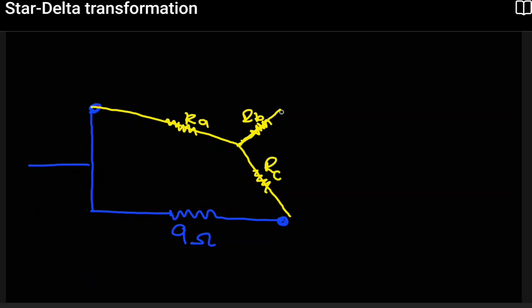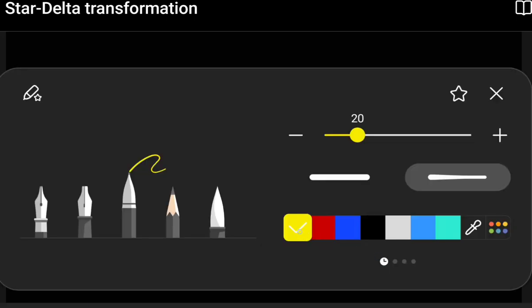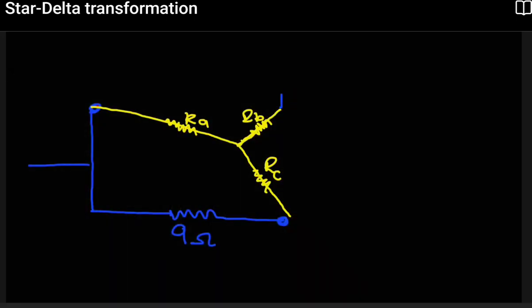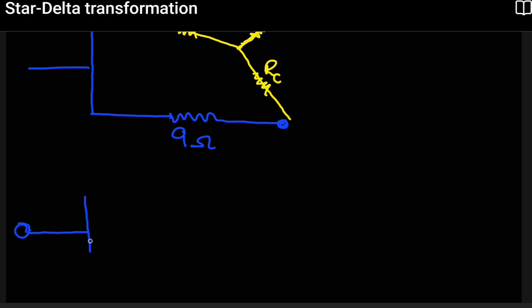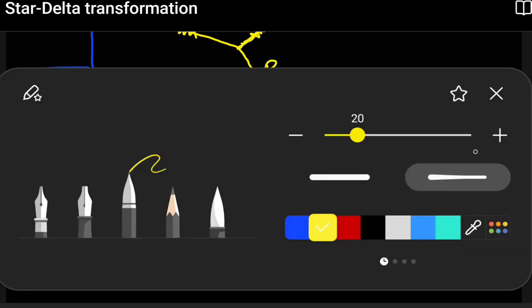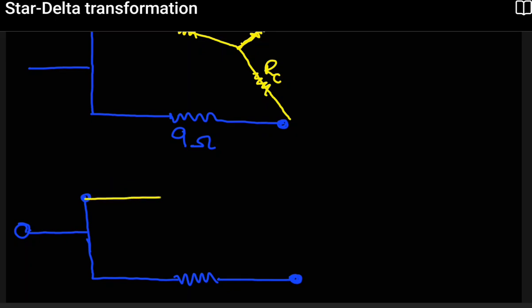And of course, from here, it goes towards that terminal that goes this side. So we can rearrange this so that it looks a little bit better. We have this line coming this side. So this is one terminal, and then this side we have our 9 ohms down here, then coming up to this node. Now our star comes this side.